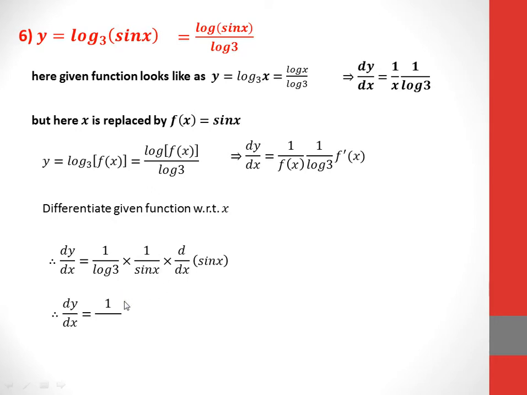Now complete the answer. 1 upon log 3 into cos x upon sin x. Cos x is the derivative of sin x. So the last answer is dy by dx is equal to cot x upon log 3. So the actual working of the chain rule is completed by this example. So 6 examples are discussed here.